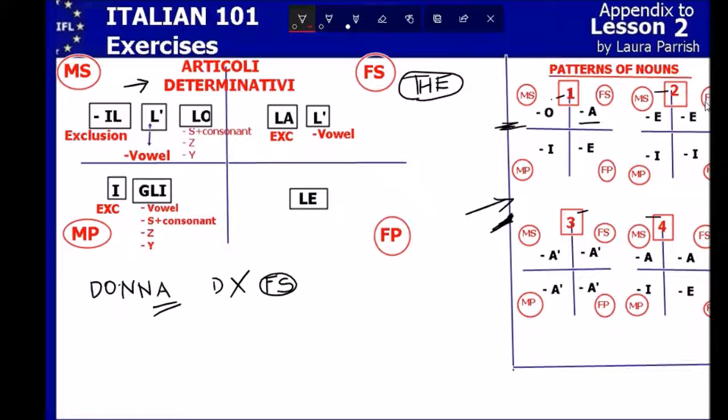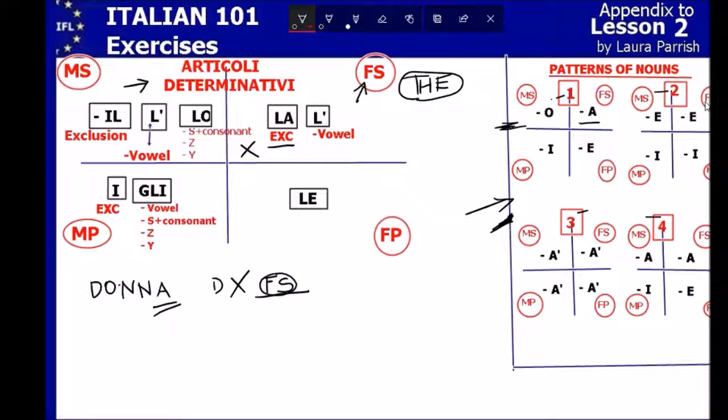So we know in which corner to go for finding the determinative article. We go to the corner of feminine singular because it's the same gender and number of the word for which we want to find the article. Then we work by exclusion.